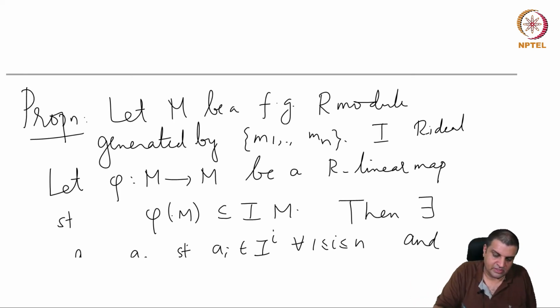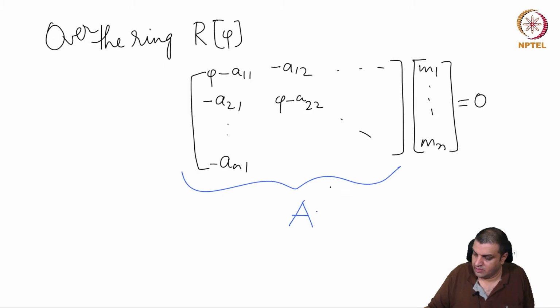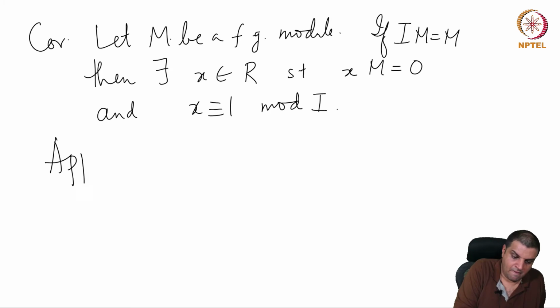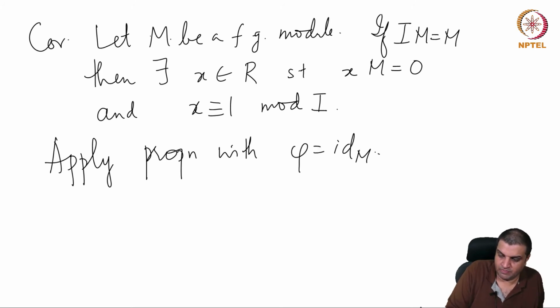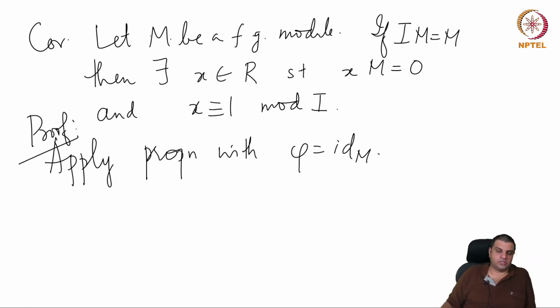Then we are saying M is inside IM, but M is inside IM means M is equal to IM. So apply the proposition with phi equals the identity map on M.